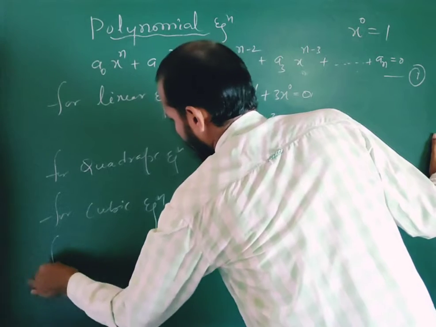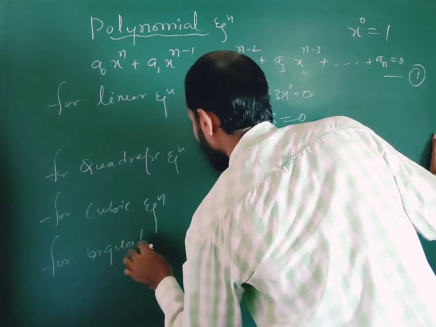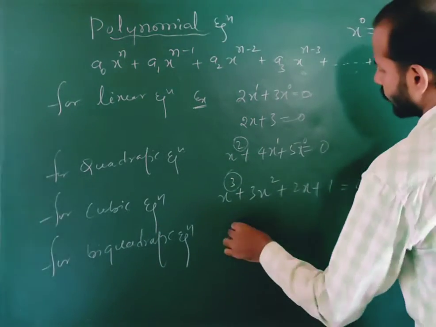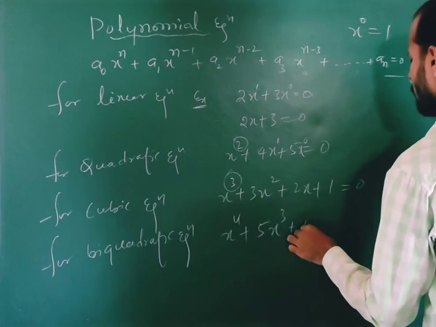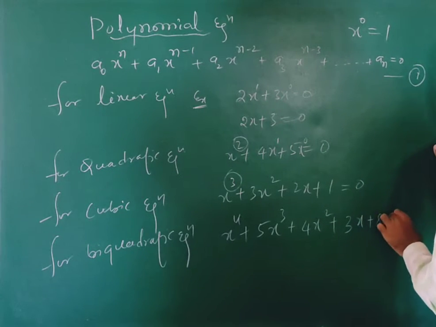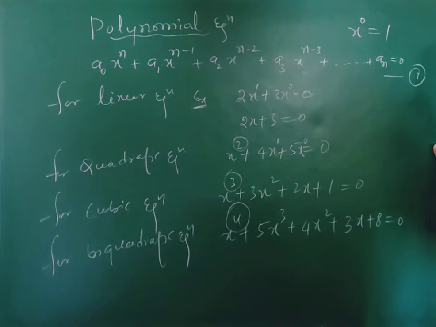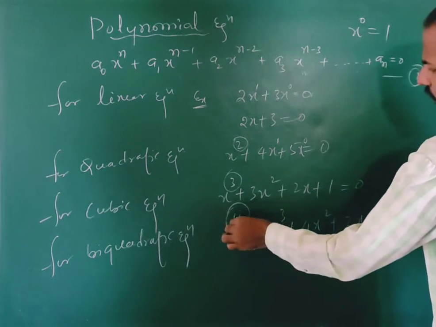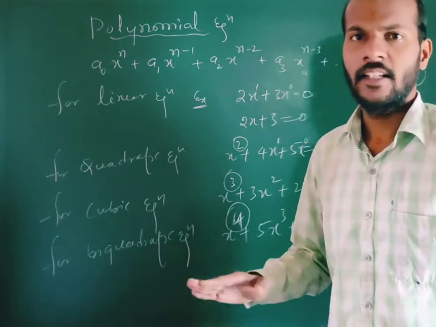Again for biquadratic equation, x to the power of 4 plus 5x cube plus 4x square plus 3x plus 8, which equals 0. The highest power occurring in that equation is 4. Therefore we call it a biquadratic equation.